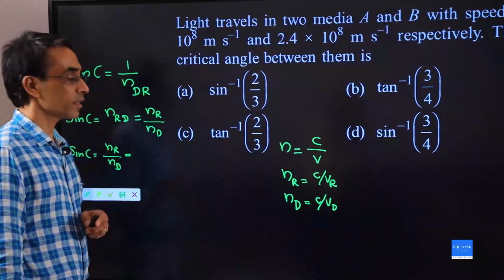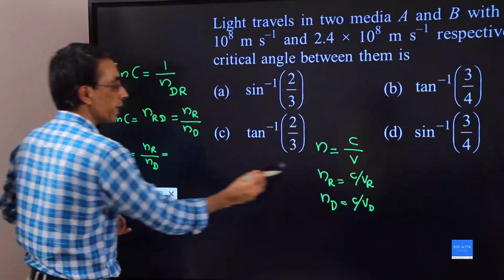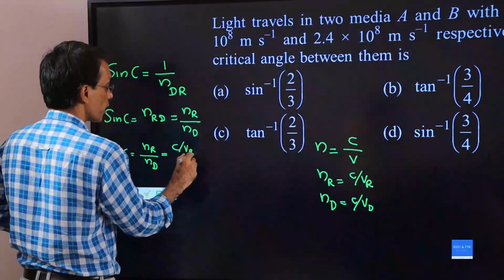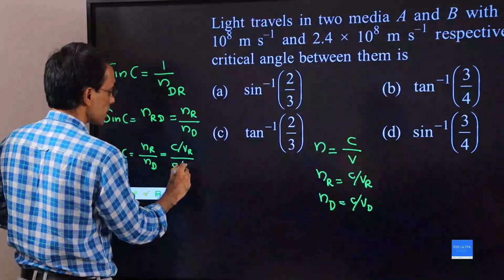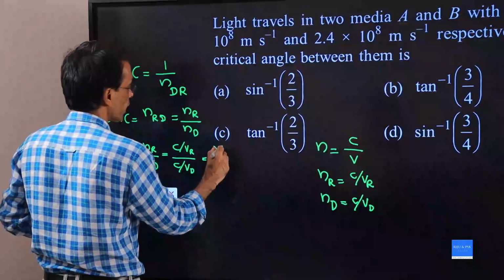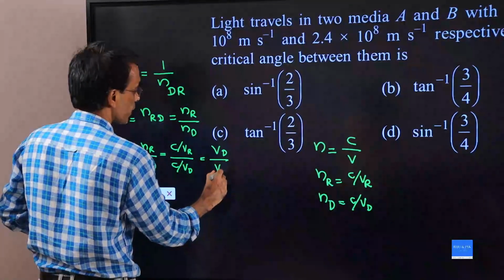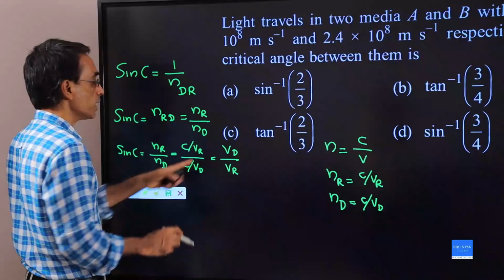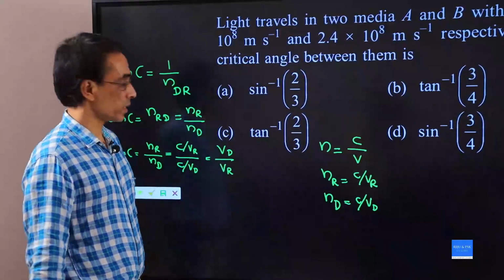So when I substitute that here, n rarer is C by V rarer divided by C by V denser. So this C and C cancel. I will finally get V denser by V rarer. So I am writing sin C in terms of the given speed.